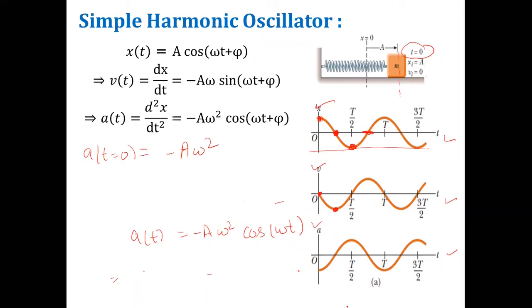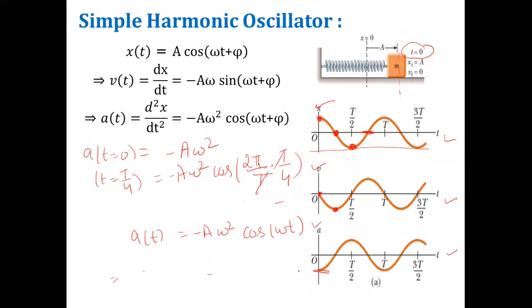That means you will have negative acceleration at the maximum value. If you put time is equal to T by 4, you will have minus A omega square cosine of 2 pi by T multiplied by T by 4.